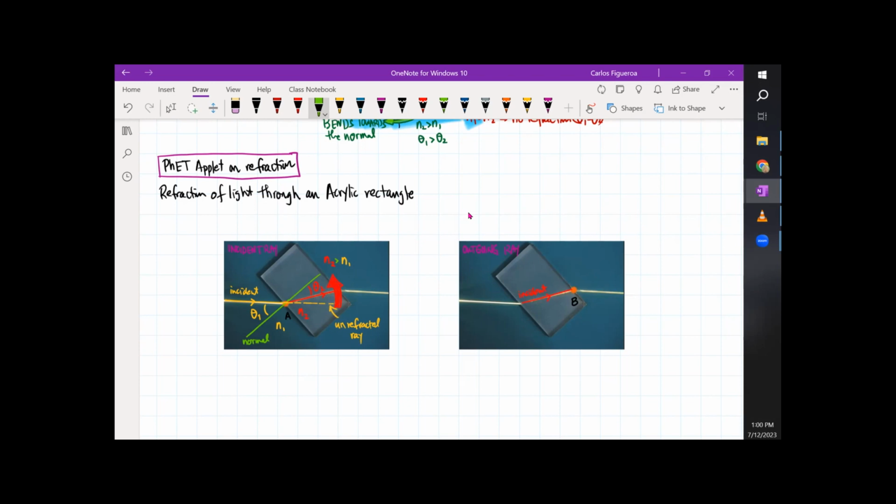So now if I look at my normal, it's going to be looking something like this here. So right here is my normal. If that's my normal here, you can see this guy is going to be my angle 1 for the situation.